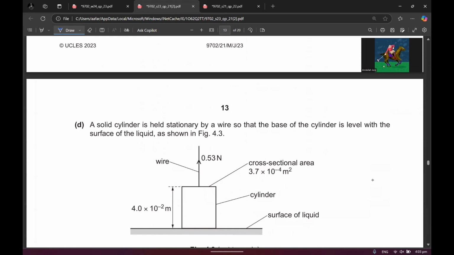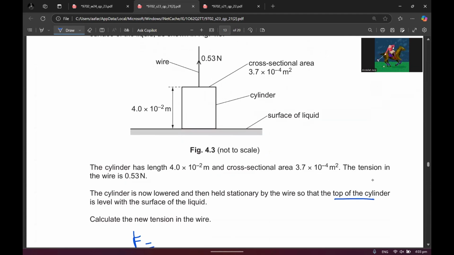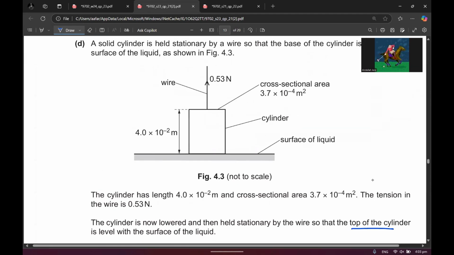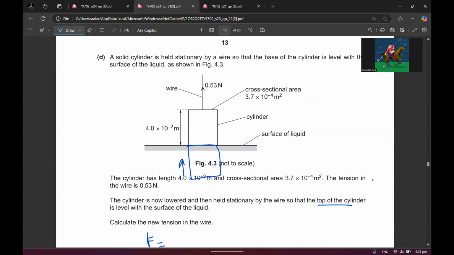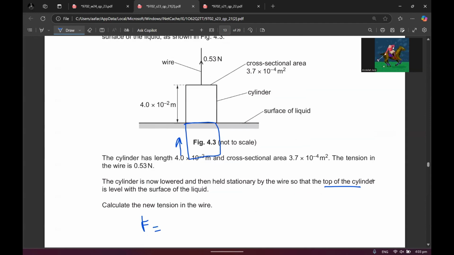First, sorry. The top of this cylinder is level with the surface of the liquid, right? So it's initially over here, and then it is brought down to over here. So there will be an upthrust on the cylinder. Sorry, I thought this was the final position. Basically, we need to calculate the upthrust, then we subtract it from the tension.